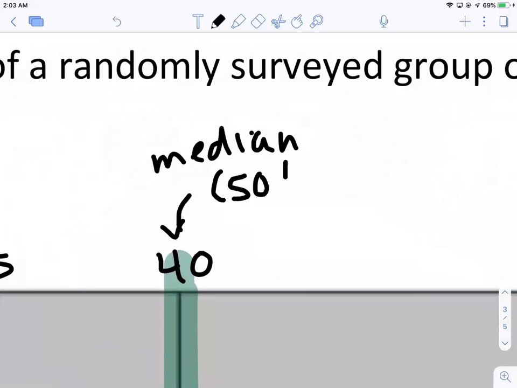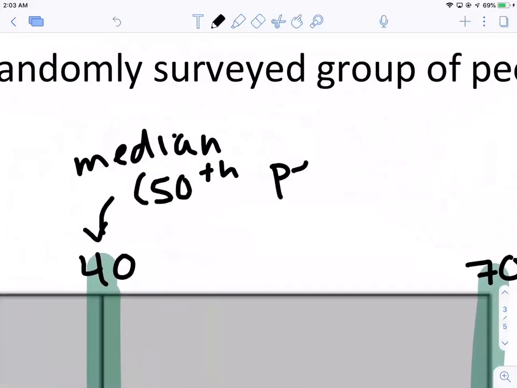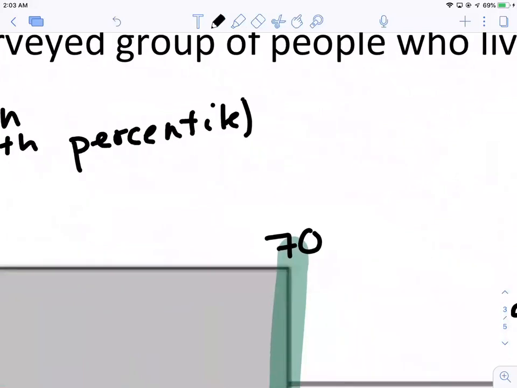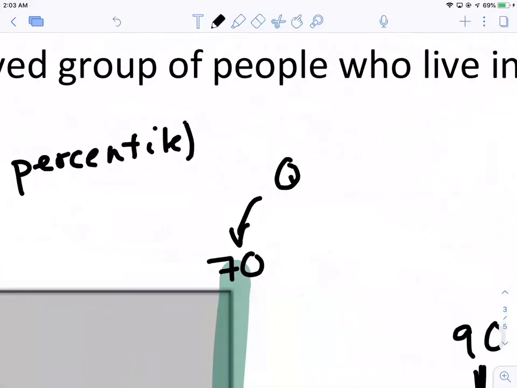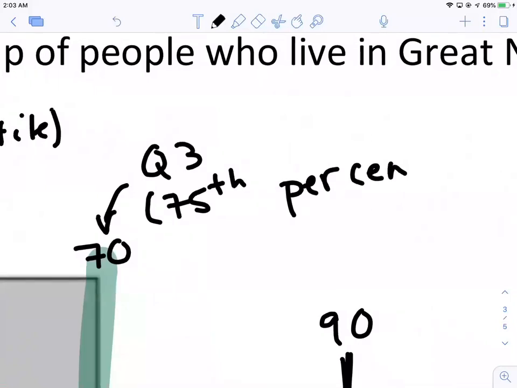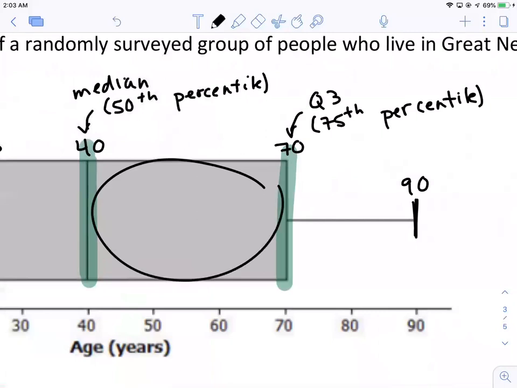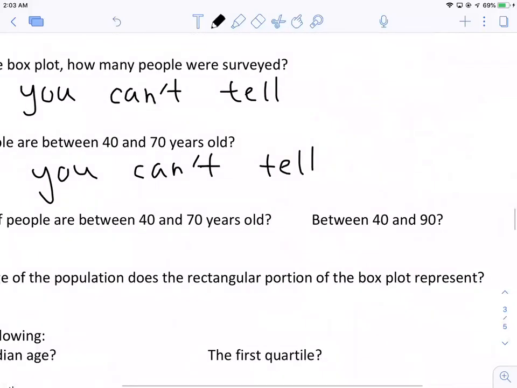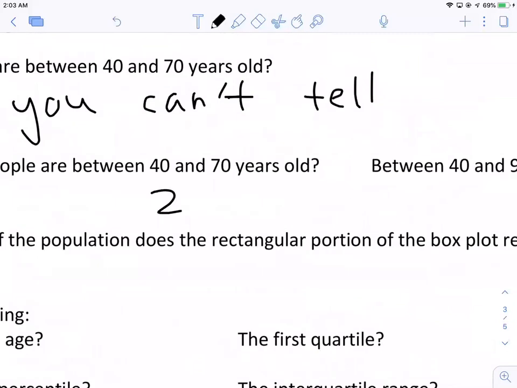In other words, we can call that the 50th percentile. Isn't this the third quartile? That is the 75th percentile. So between the 50th and 75th percentile, well, isn't this 25% of the data? Right, 25% of people are between 40 and 70 years old.